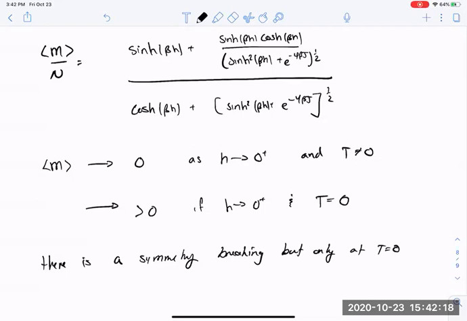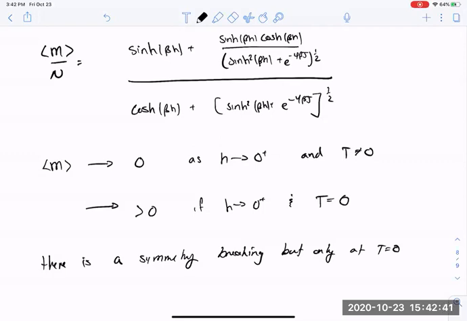And having epsilon in the field will, with infinite sensitivity, set which one of those ground states is the preferred one. However, at any finite temperature, the one-dimensional Ising model does not have a spontaneous symmetry breaking.